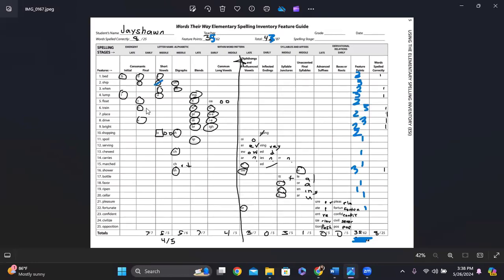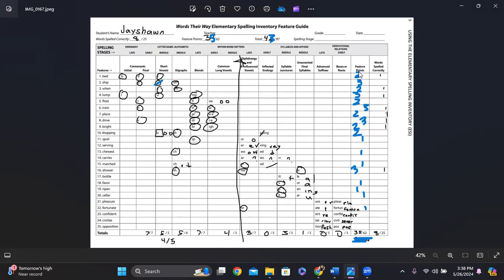But what I did was I went through each word down the row, and I circled the ones he got correct. If he got it incorrect, I wrote the way he did it compared to what it's supposed to be. And then after I did all of the spelling words, I came down here and did all these totals, which my initial total was 5 of 5, and then I did 4 of 5, excluding that one.